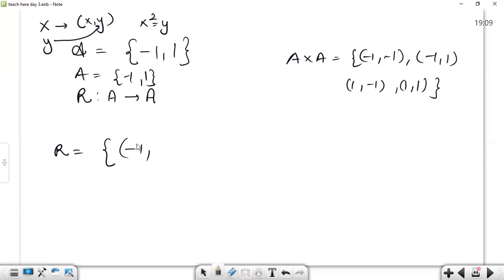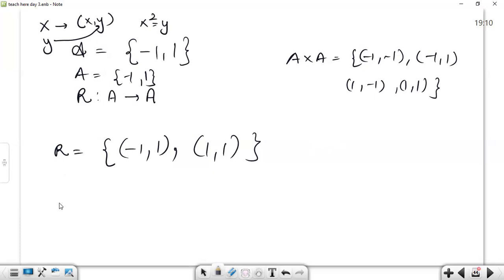The square of minus 1 is 1. Is 1 available as the second element in the Cartesian product? Yes, it is available. Taking 1 square, is 1 available? Yes. Anything else we cannot take. So this is our relation.